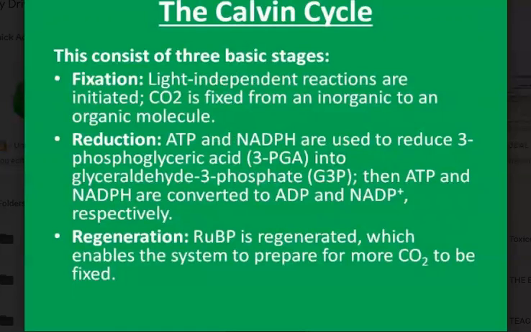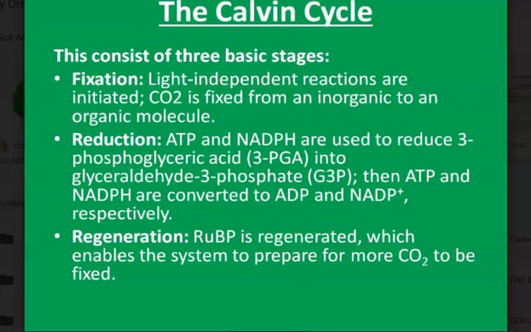So let's look at the process, the 3 stages. Fixation. Light-independent reactions are initiated during the fixation. Carbon dioxide is fixed from an inorganic to an organic molecule, right? Then there is the reduction stage, where ATP and NADPH are used to reduce 3-phosphoglyceric acid into glyceraldehyde 3-phosphate, G3P.